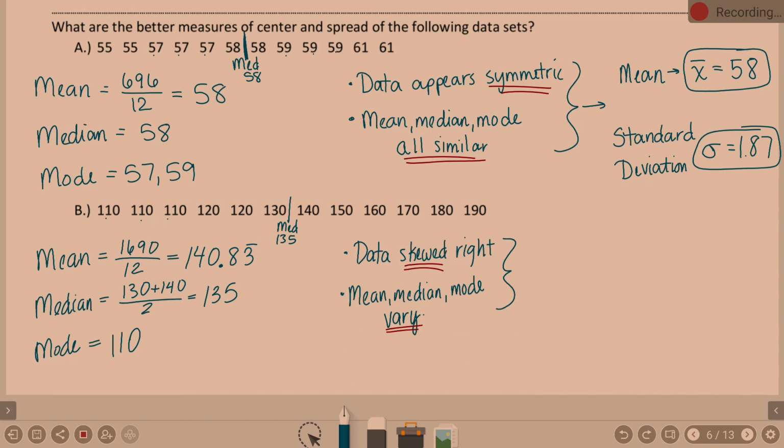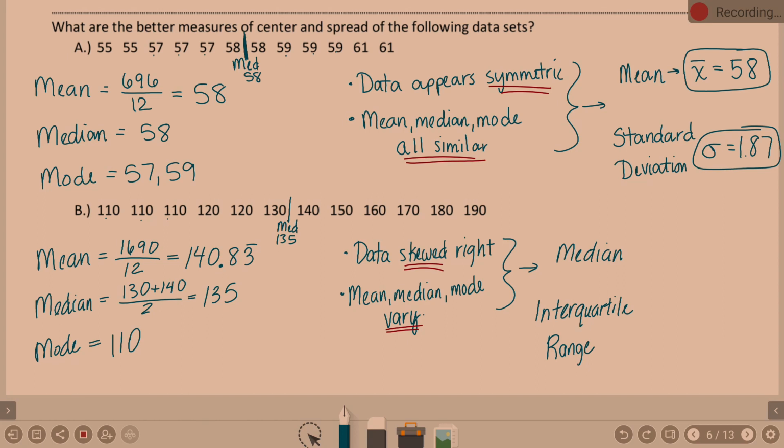When my data is skewed and those vary, what measure of center and spread am I using? We're going to have to talk median, and we're going to have to talk interquartile range.